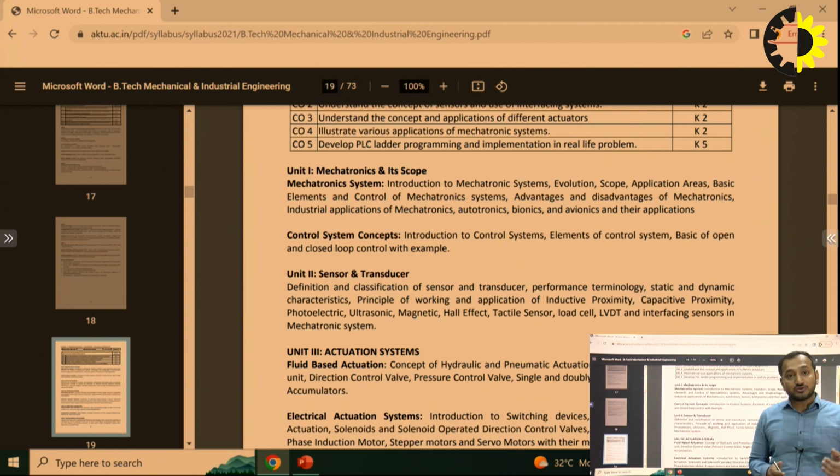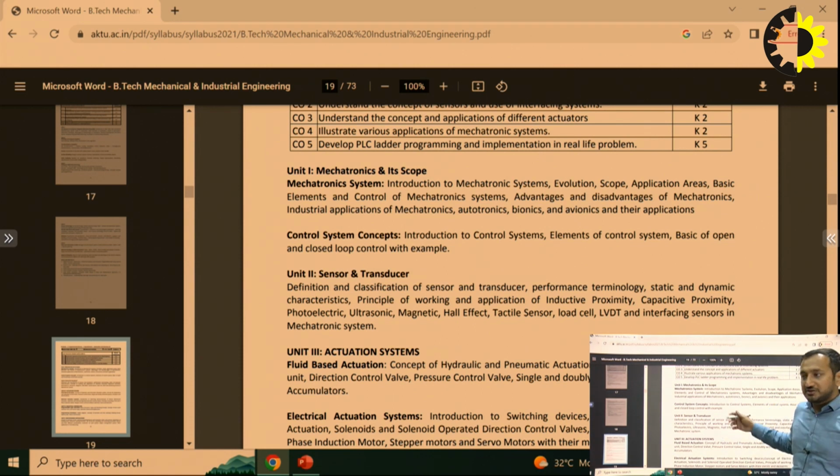The performance of the task is done by an electric motor. So information is gathered from the sensor, the sensor transfers that information to the controller, the controller, essentially a brain, takes the decision and gives a signal to the output device, which can be a motor, and the motor will perform the task.